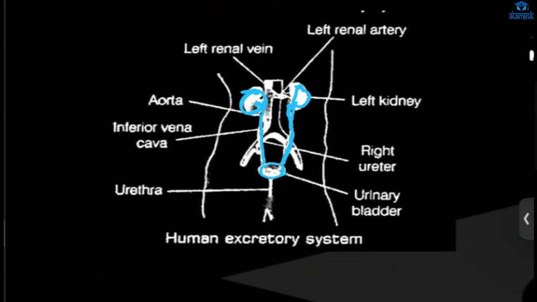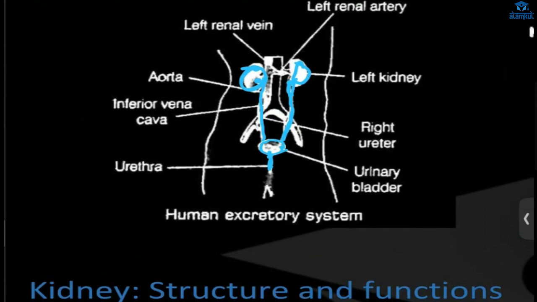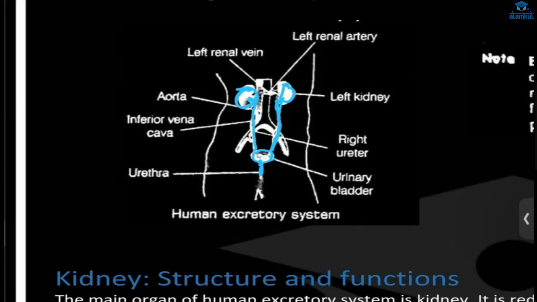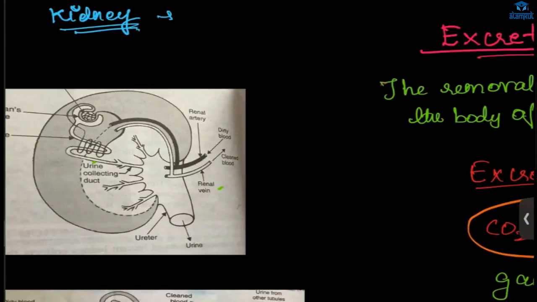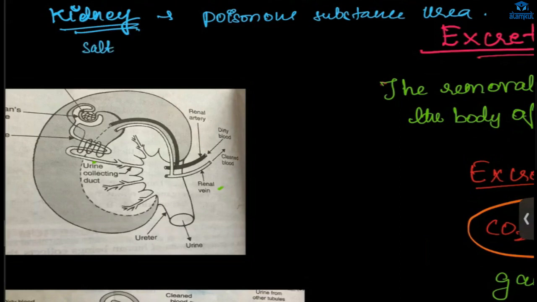Then we have the urethra, through which the urine comes out. The main function of the kidney is to remove poisonous substances, that is urea, then salt waste, and excess water.